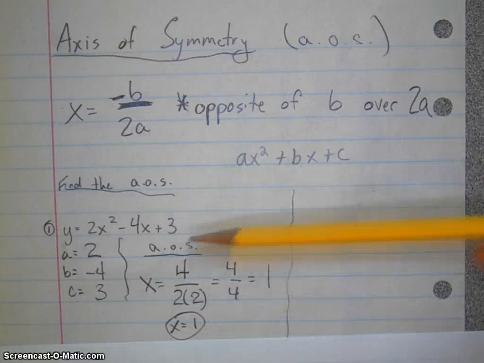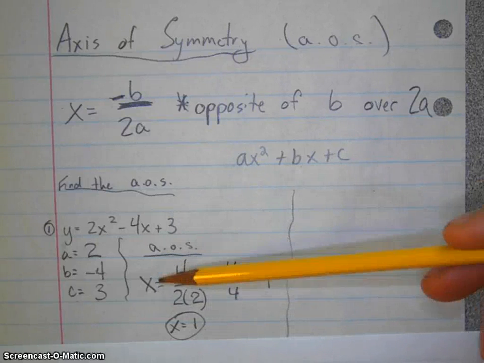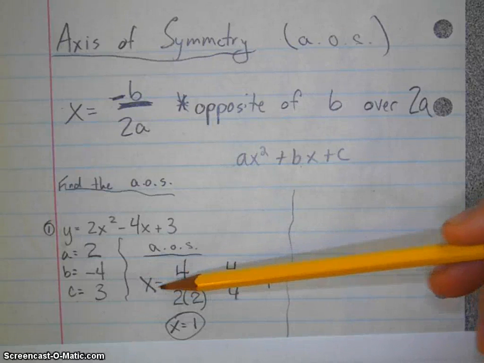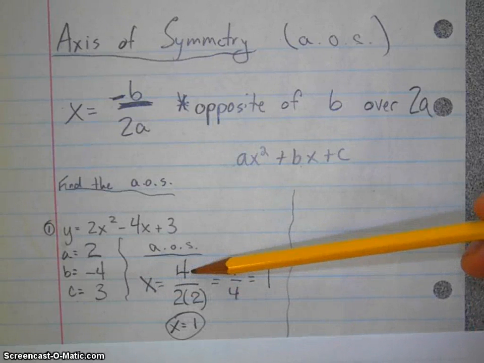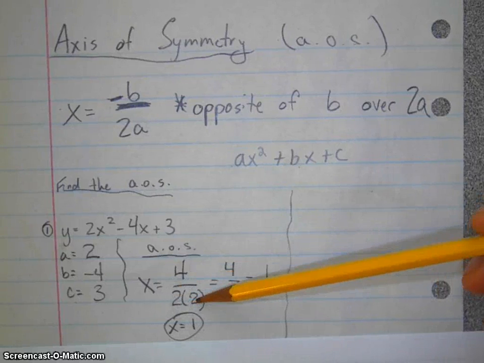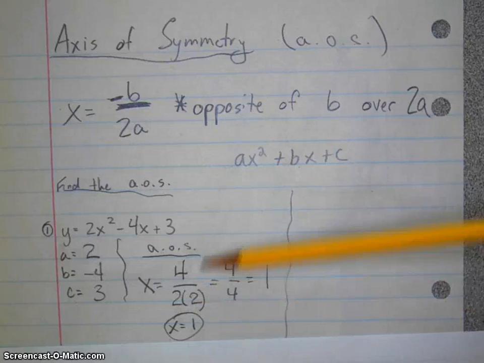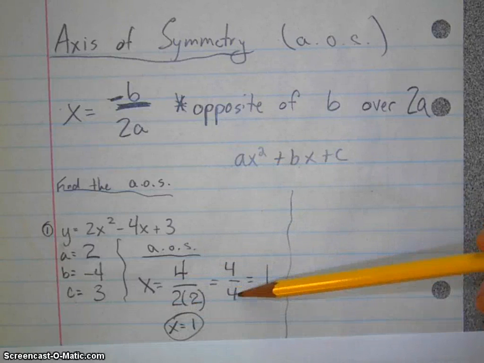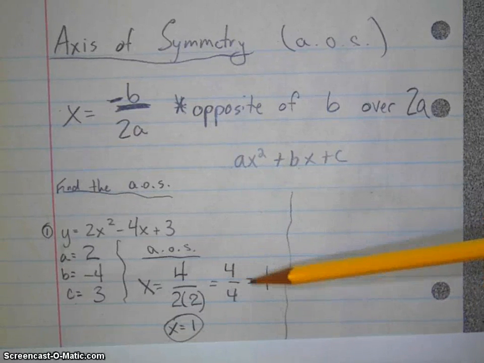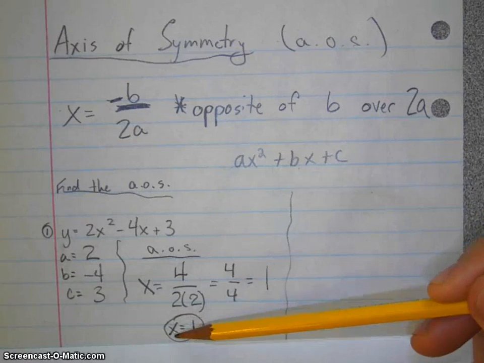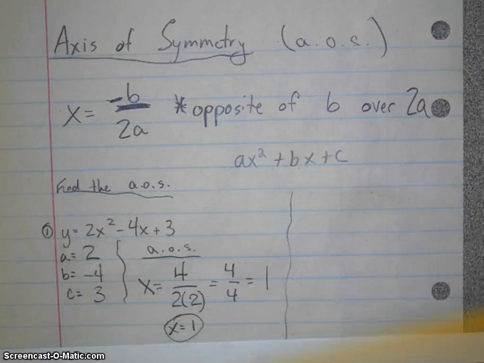Now to find the AOS, we only need the a and b. So it's x equals the opposite of b, so that's positive 4, over 2 times a, which is 2. So 4 over 2 times 2, 4. 4 over 4 simplifies down to 1. My axis of symmetry, my vertical line, is going to be x equals 1.